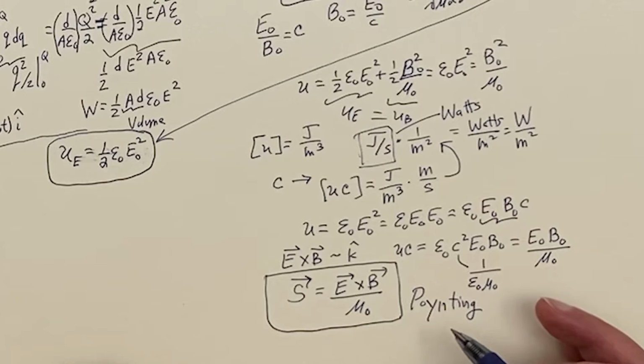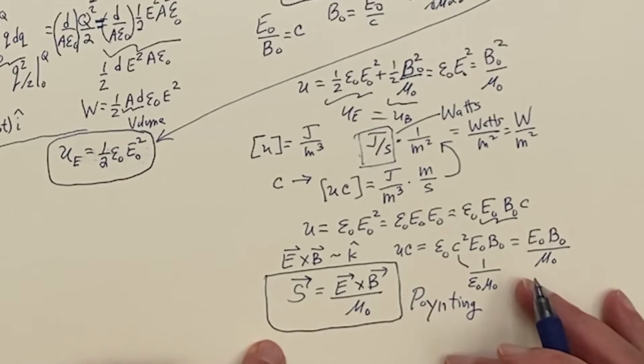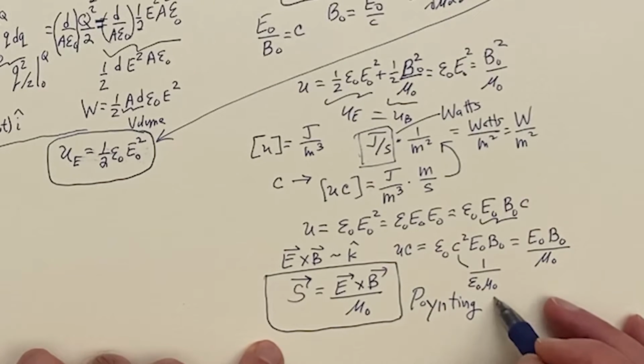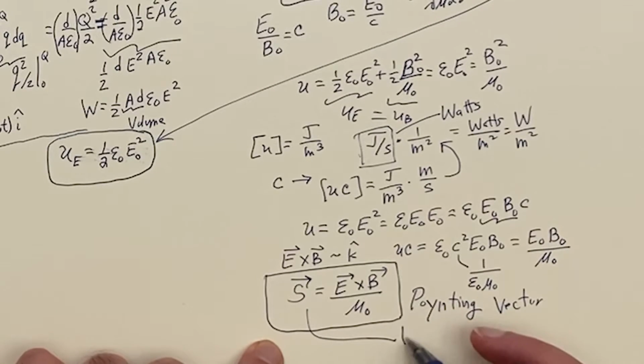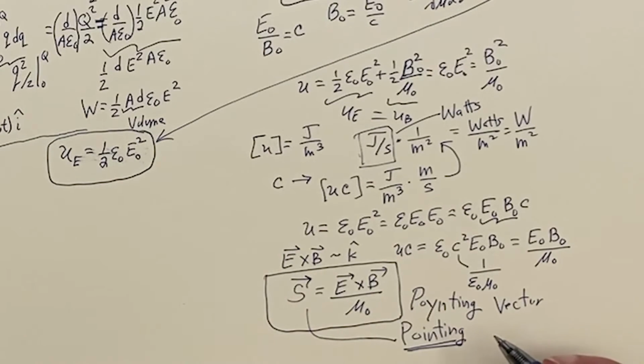And when I first learned about this, the teacher kept saying Poynting vector, and I kept thinking, well, this does point in the direction of the wave, so I thought the teacher meant this pointing. But then I later found out that the teacher meant it was a scientist. His name happened to be Poynting.